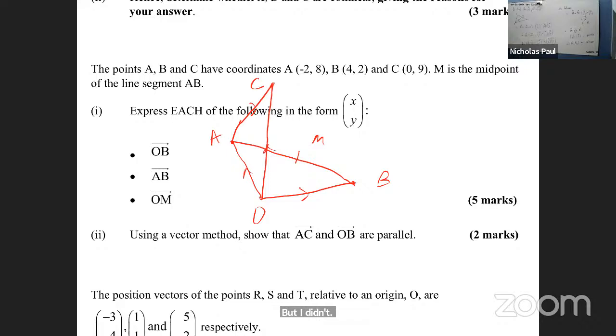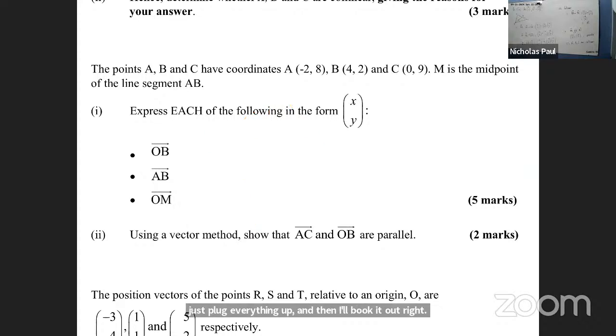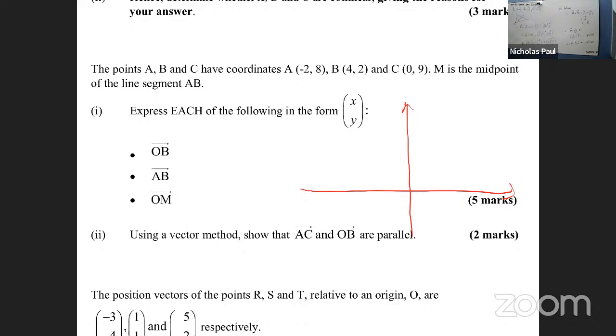I just join up my lines to connect everything, right? The diagram might look like that. I just plot everything and then I'll work it out. I'll try to plot the actual points so you'll see exactly where each belongs. Minus 2, 8, and it's approximately here.